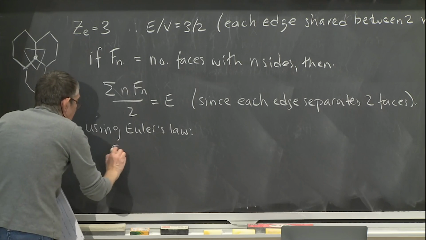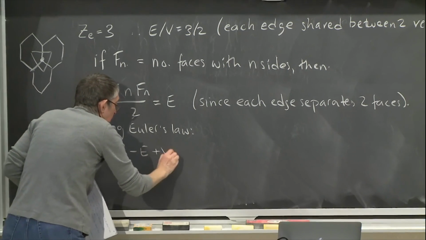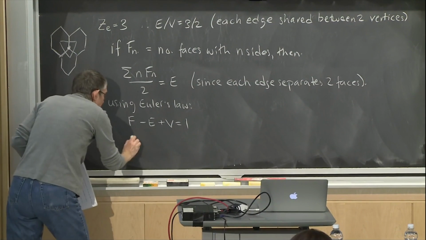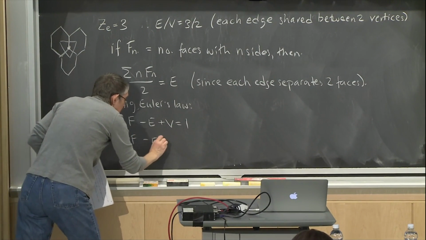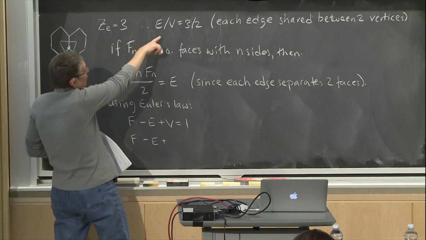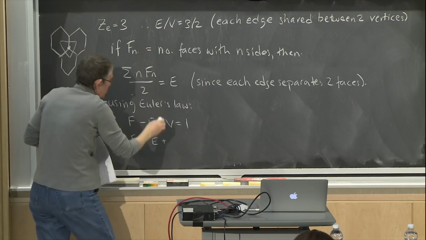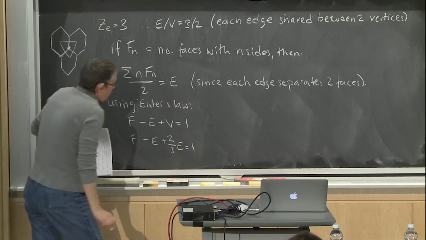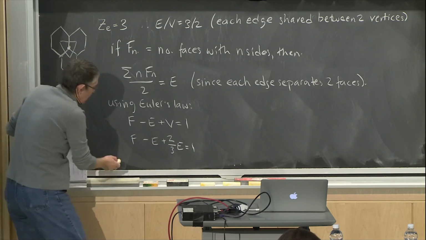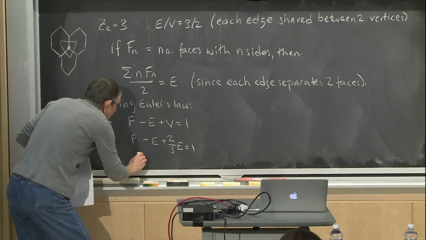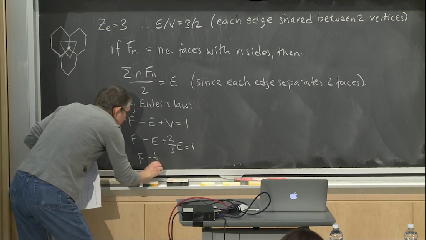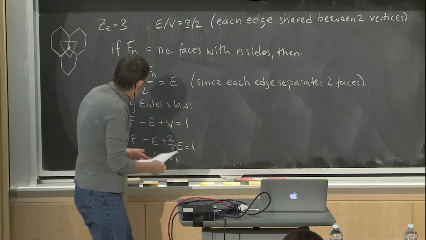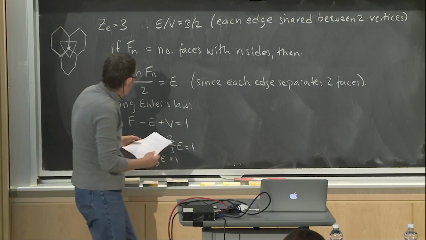So I can say f minus e plus v is going to equal 1. And here I've got f minus e plus, I can put v here. V is going to be 2/3 of e. So that's the same as f minus 1/3 of e is equal to 1. And then for e, I can substitute this thing here in.